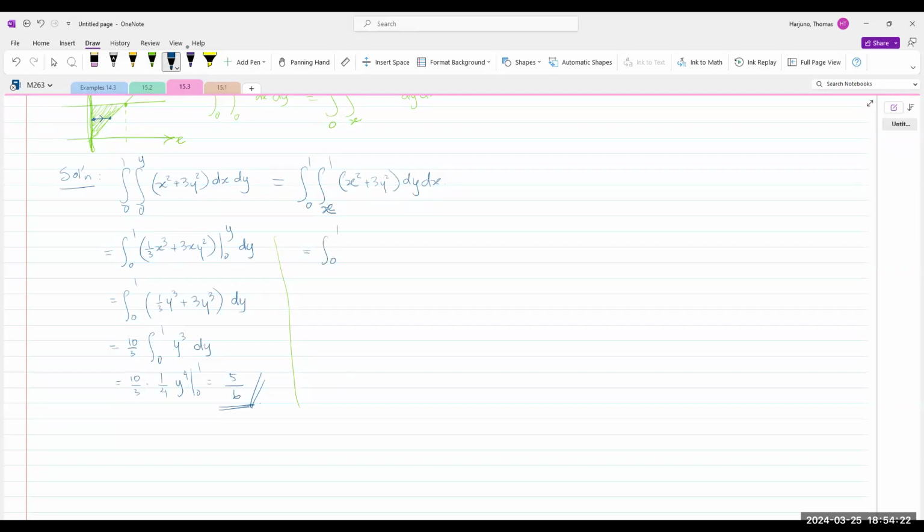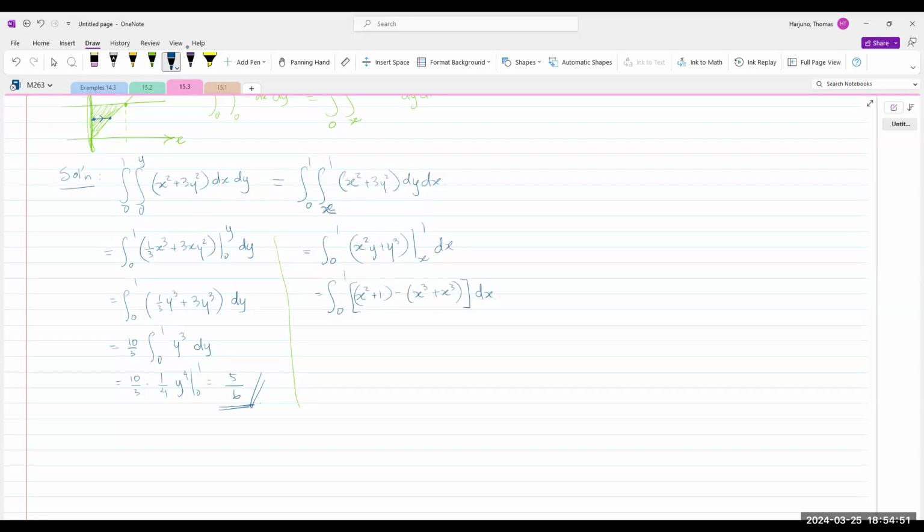Integral from 0 to 1. When I integrate with respect to y, I get x squared y plus y cubed from x to 1, dx. When I plug in 1 for y, I get x squared plus 1. And then when I plug in x for y, I get x cubed plus x cubed.